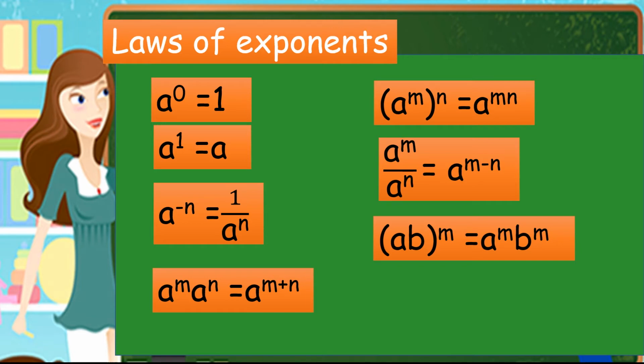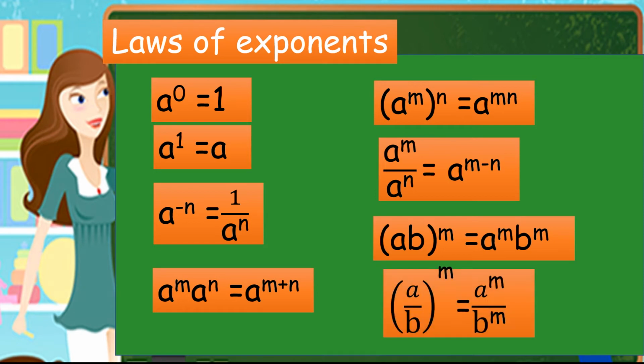So we have a raised to m, b raised to m, and the quantity of a over b, quantity raised to m power is equal to a raised to m power over b raised to m power. So these are all the laws of exponent. At iisa-isahin natin yan kung paano ba yan sinosolve.